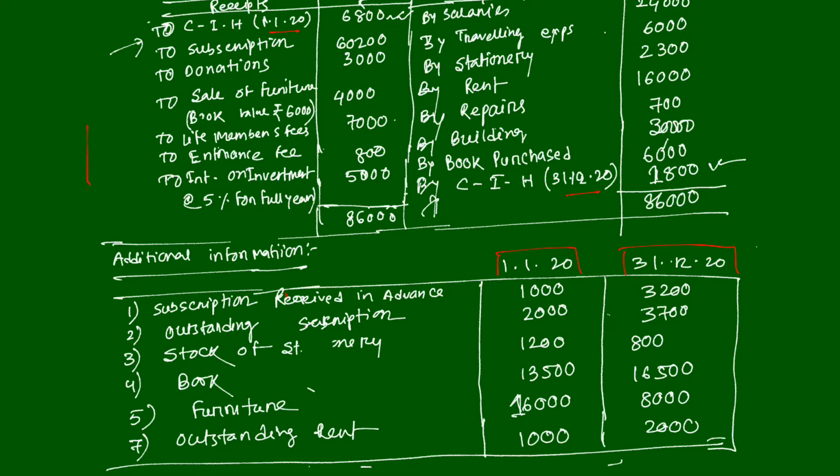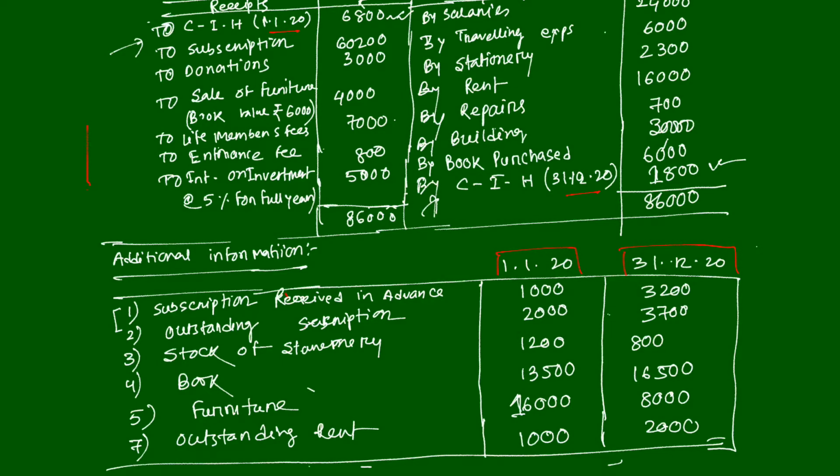These two adjustments are for outstanding subscription. Next, number 3 is stock of stationery, 1200 and 800.